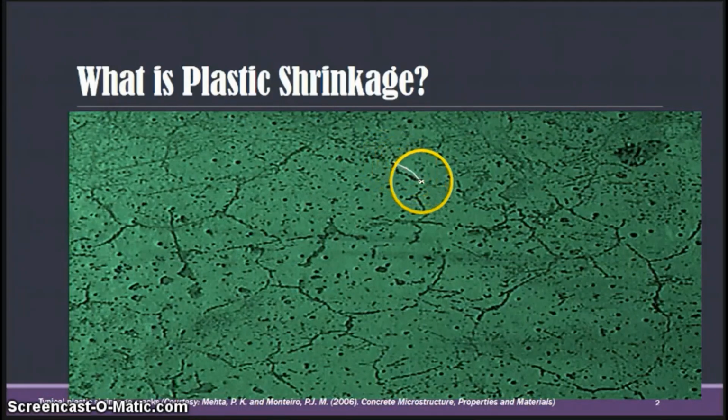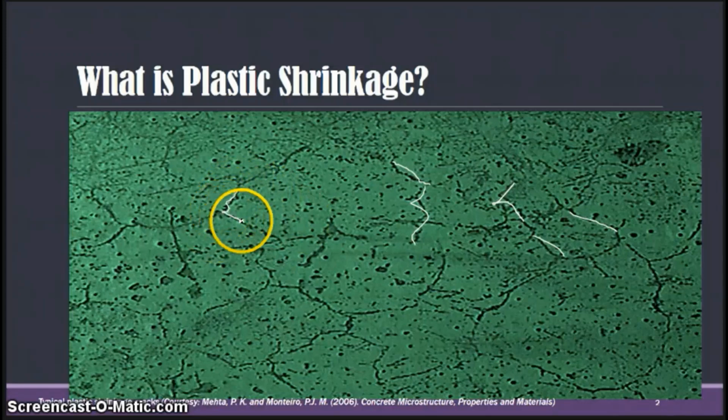Now, these cracks are generally forming on the surface of aggregates, and majorly they are parallel to each other. You can see here the cracks are parallel to each other.